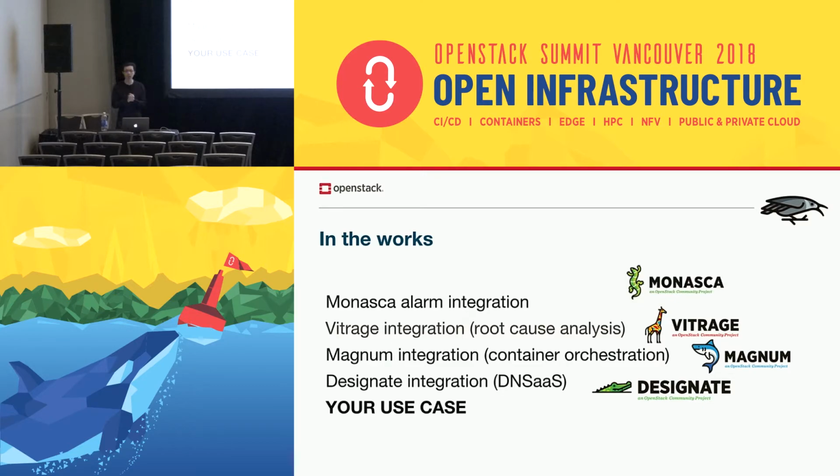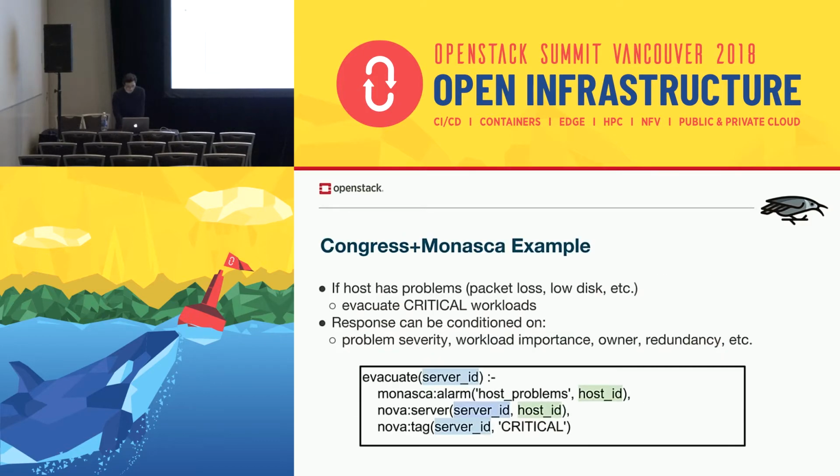Now let's look a little more detail at the Monasca integration. So Monasca is a robust and scalable monitoring service that's quite popular with OpenStack operators. When Monasca's monitoring capability is combined with Congress's versatile policy framework, it can solve some important fault tolerance use cases. Here's a very simplified example. Let's say we have a critical workload.